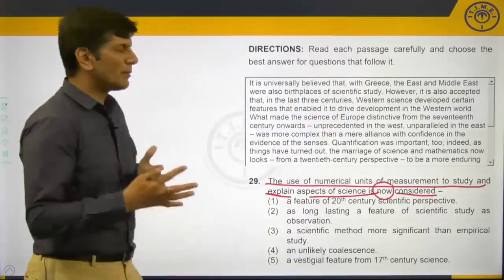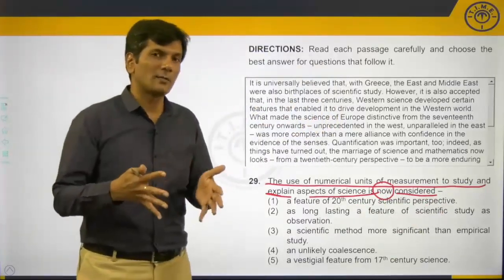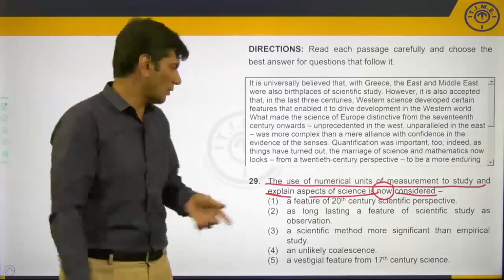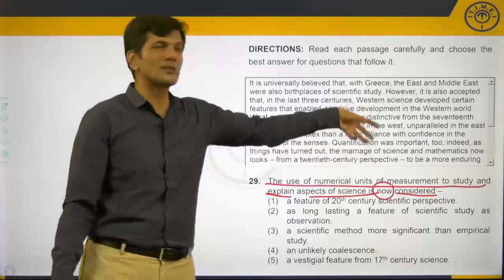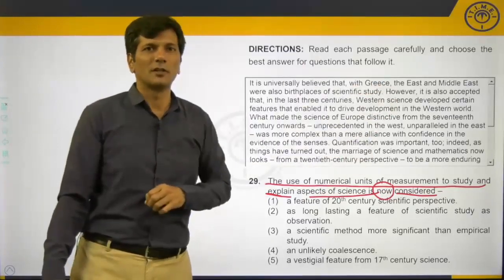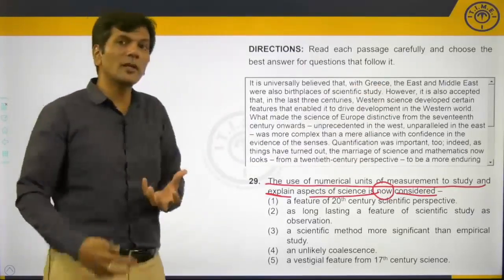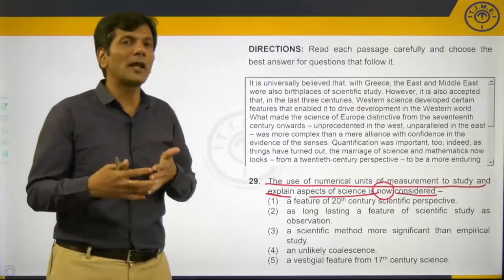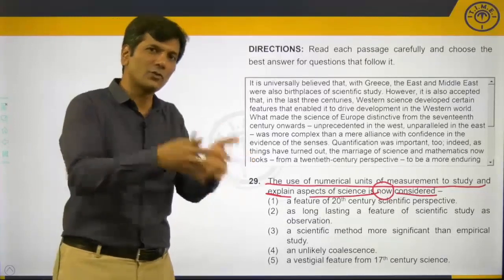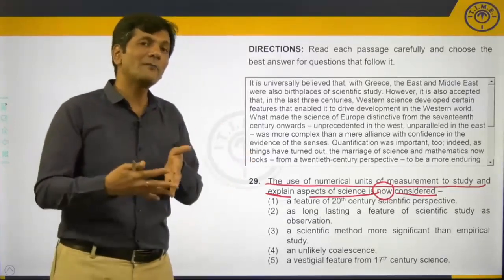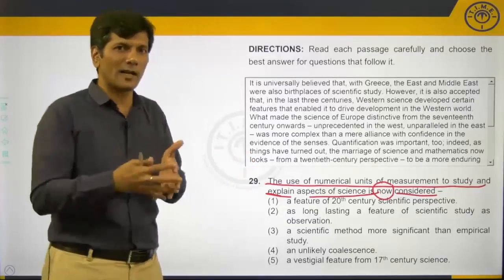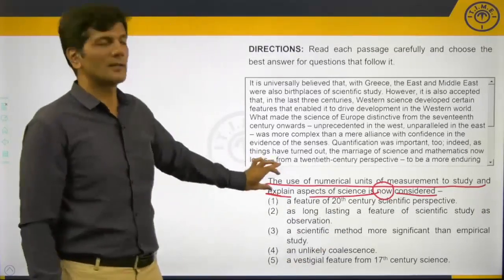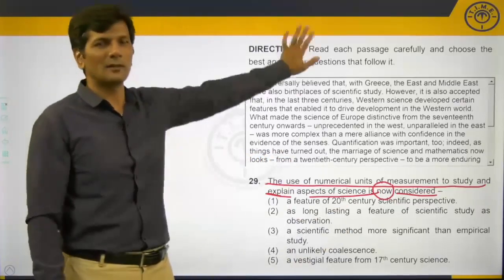Now, if you remember the passage, or if you take another quick look at the passage, remember that nowhere does the passage specifically talk about the use of numerical units of measurement as such. But the question is giving you some kind of an external example, and it wants you to apply your understanding of the passage to this external example and be able to combine your understanding and pick the right answer choice. So what could this serve as an example with respect to the context?